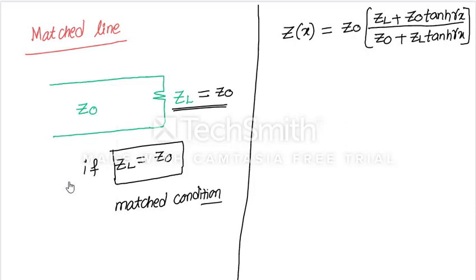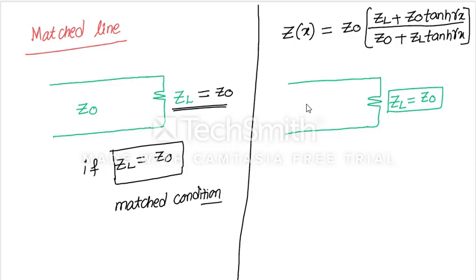Right. Now what I am doing is, in the case of a matched transmission line, I want to find the impedance. A matched transmission line means the load must be equal to how much? Characteristic impedance only.